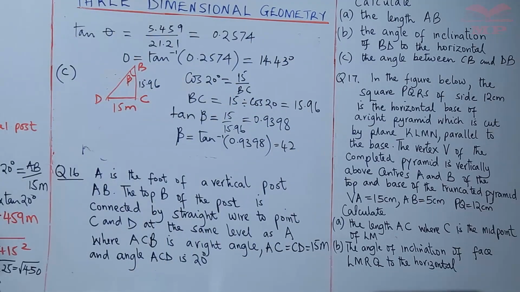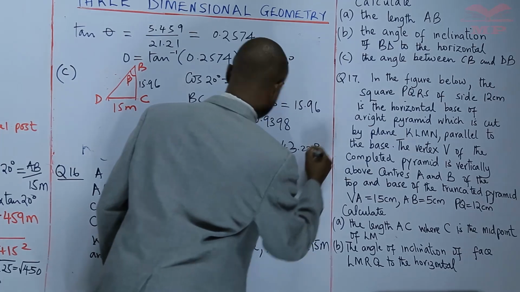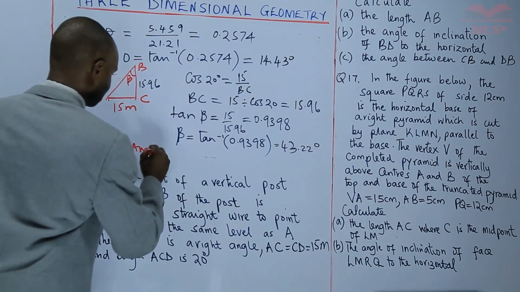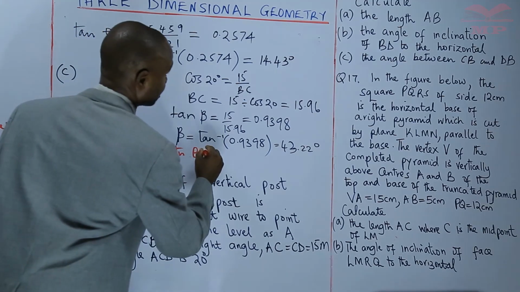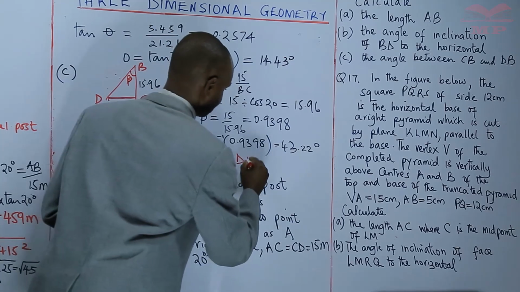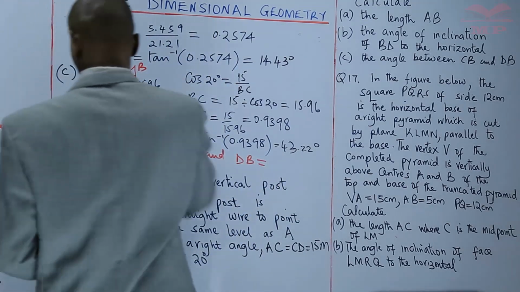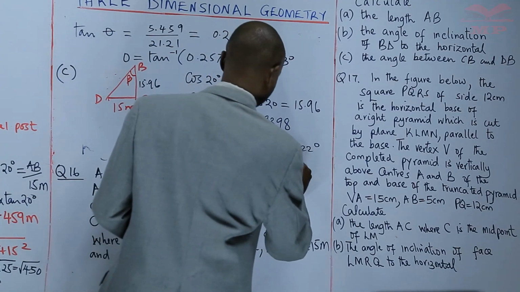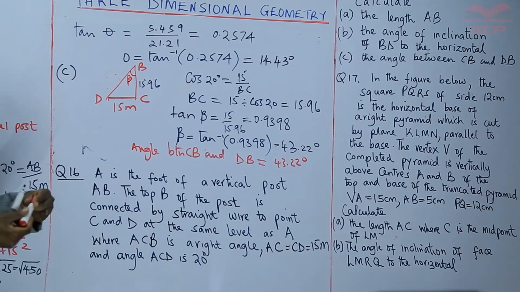So the angle of inclination, the angle between CB and DB, this angle, it will be 43.22 degrees. We are done with question number 16.